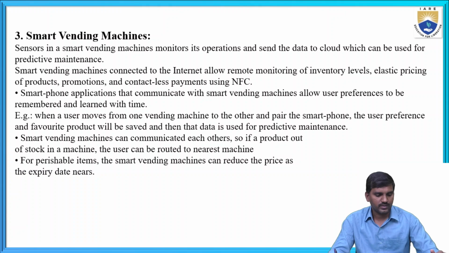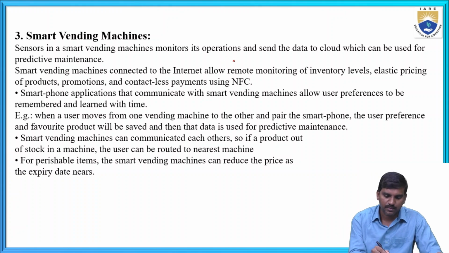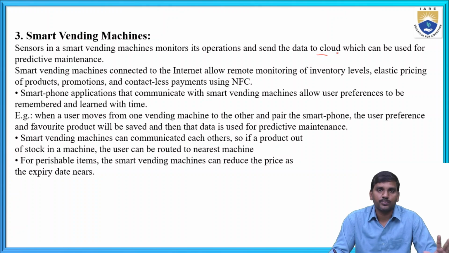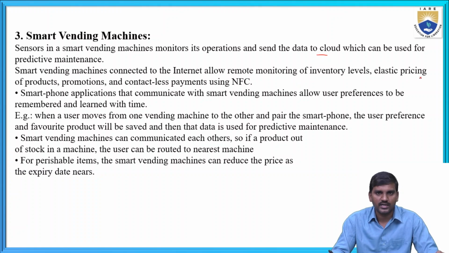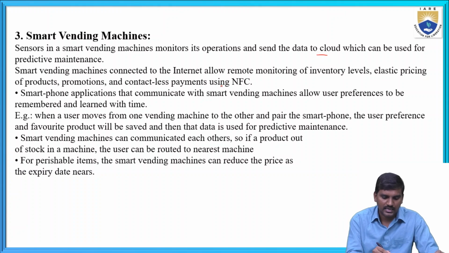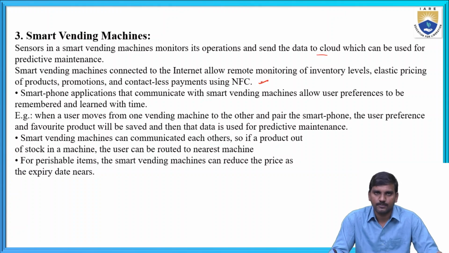Sensors in smart vending machines monitor its operations and send the data to the cloud, which can be used for predictive maintenance. Smart vending machines connected to the internet allow remote monitoring of inventory levels, elastic pricing of products, promotions, and contactless payments using near field communication.